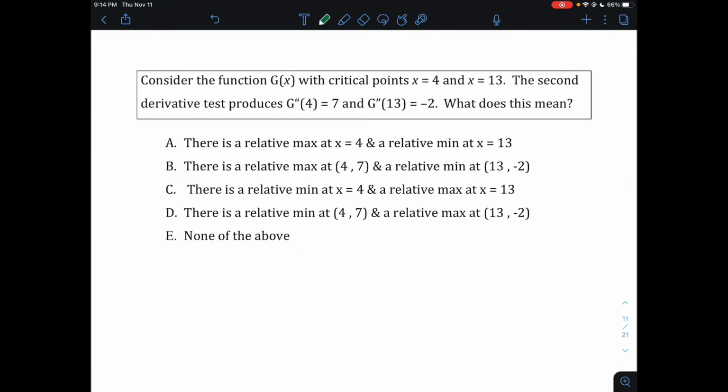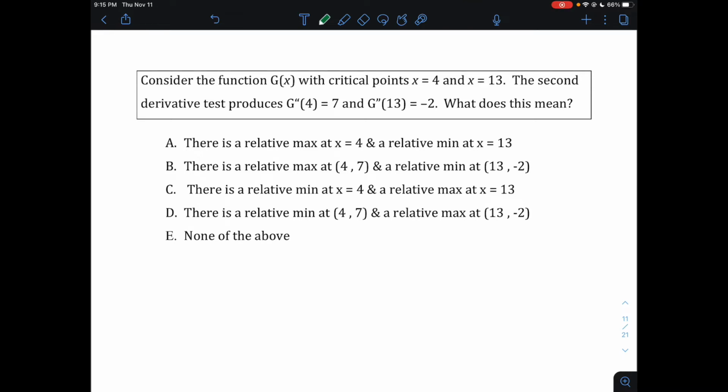All right, so now consider the function g of x with critical points x equal 4 and x equal 13. The second derivative test produces g double prime of 4 equals 7 and g double prime of 13 equal -2. What does this mean? So remember, with the second derivative test, we plug our critical numbers into our second derivative.